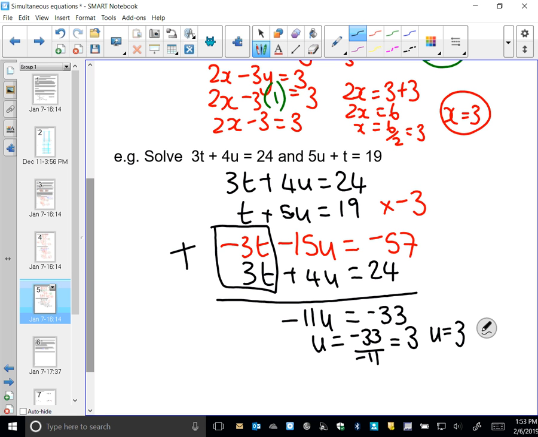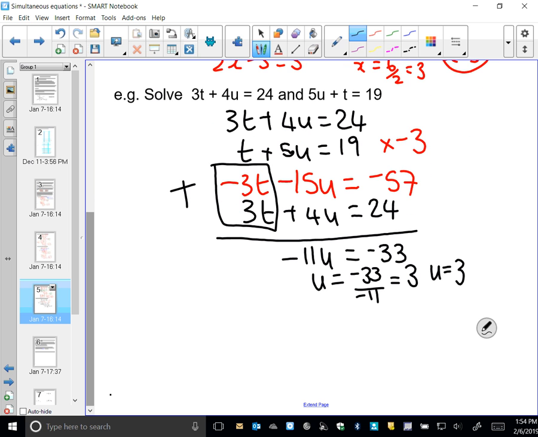Now we need to substitute that back into something to find T. Which one is the best one? The second one here. I think it's the best one because we've got T on its own.